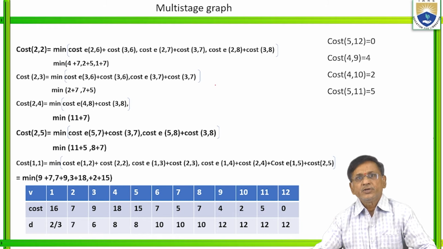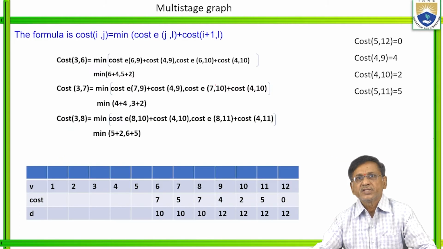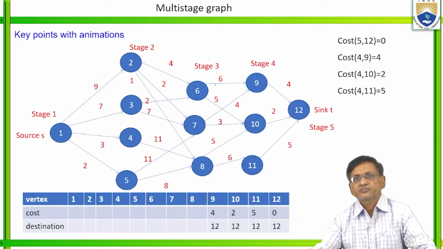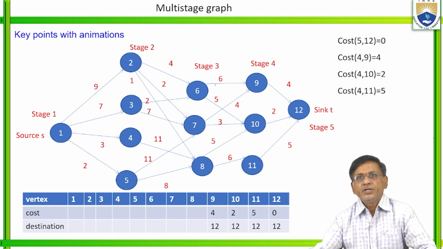Then coming to vertex 3 in the second stage, now we are considering another path. From vertex 3, two paths are there.